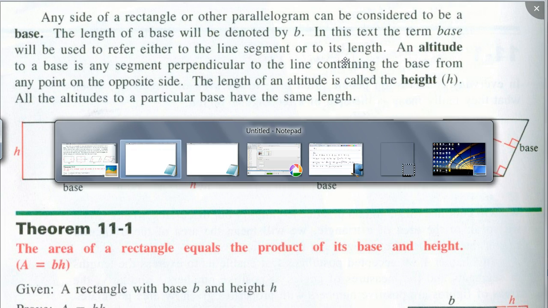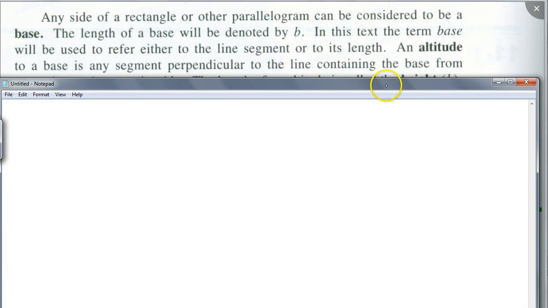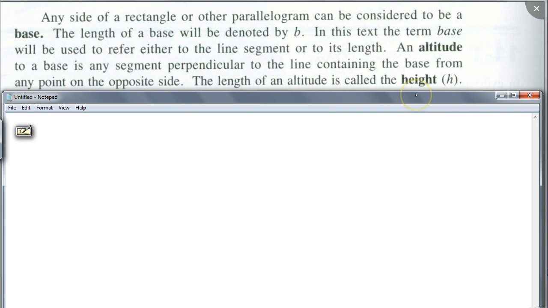An altitude to the base is any segment perpendicular to the line containing the base from any point on the opposite side. So that's the definition for the altitude.